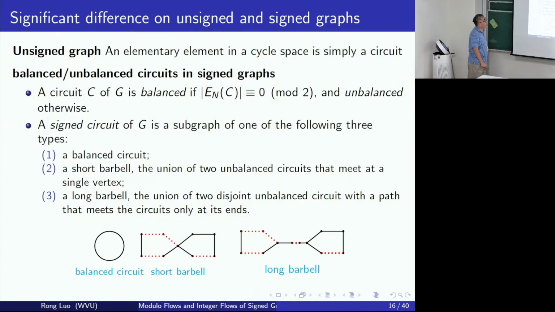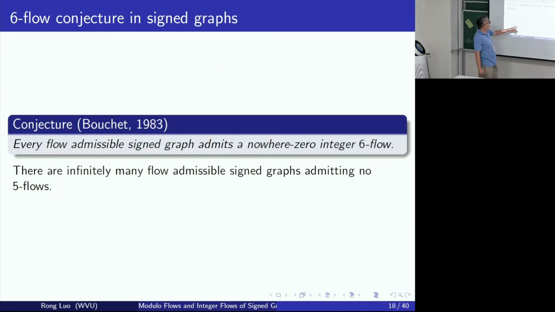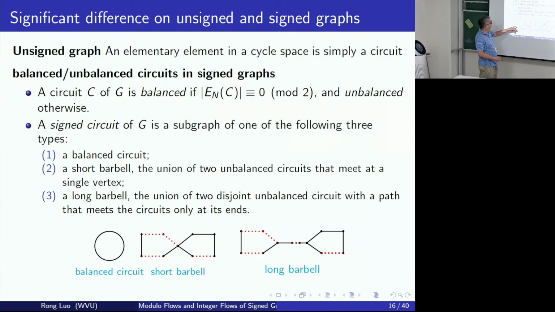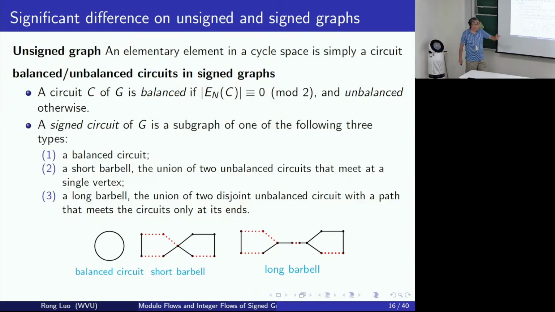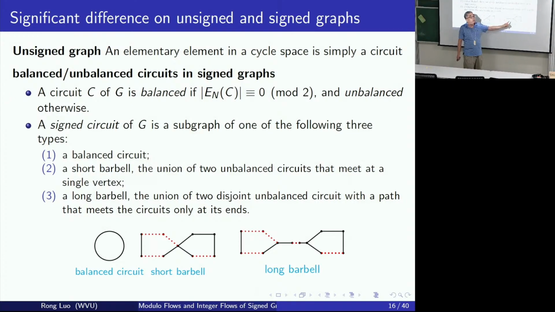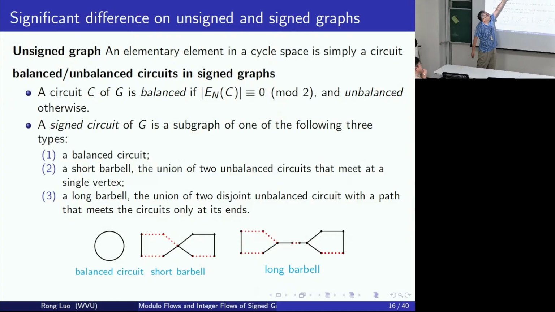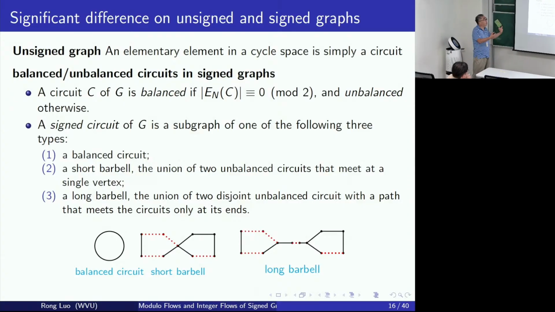Another annoying thing here is that the balanced circuit and short barbells admit nowhere-zero 2-flow, but this one admits nowhere-zero 3-flow, no 2-flows. And for an unsigned graph, a circuit always admits nowhere-zero 2-flow. So this just makes the flow of signed graphs more complicated.